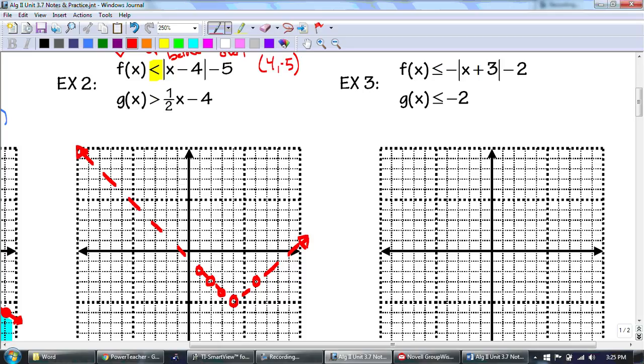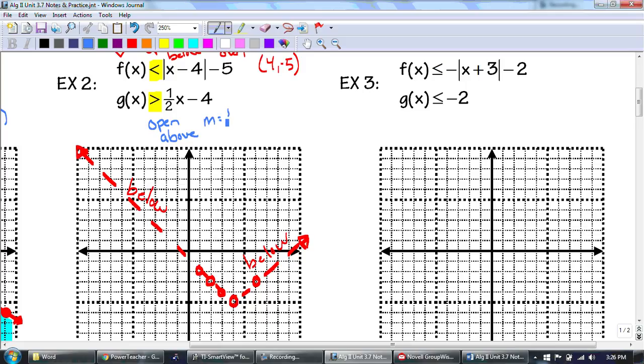Okay, now we said below, so I need to make sure that I am below those lines. Okay, so once again, I'm looking at my inequality. One of these days I'll get it right. It's open and it's the greater than symbol, so that means it's above.